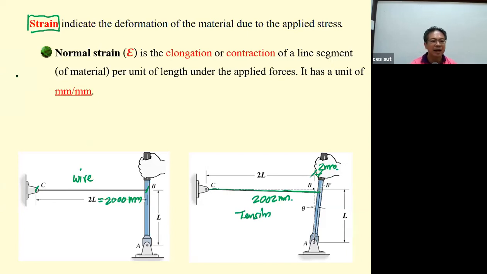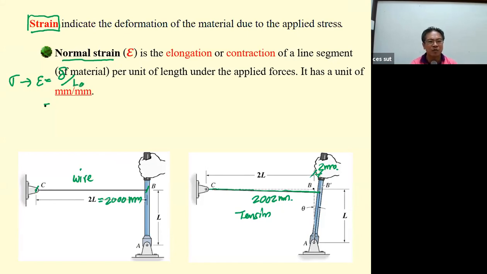That means normal stress occurs in the wire, and the strain produced by the stress, the definition of this normal strain, is the elongation divided by the original length.